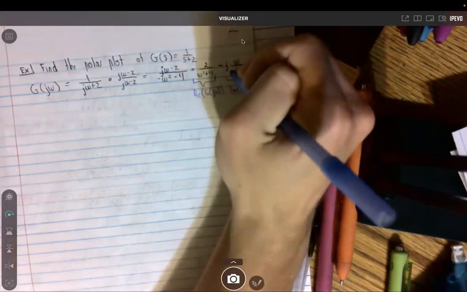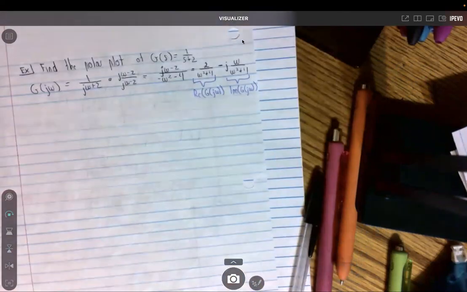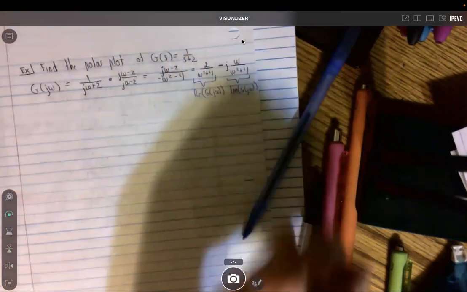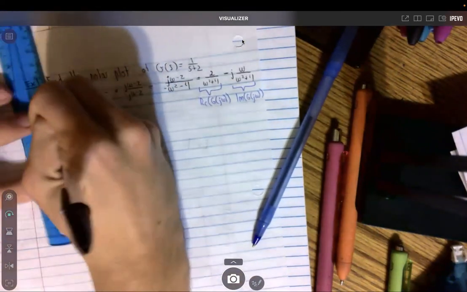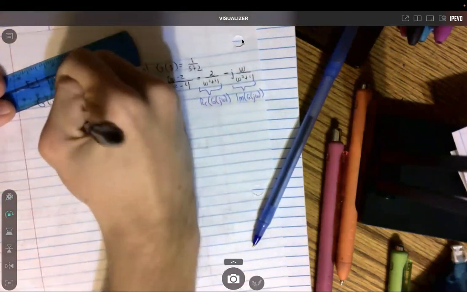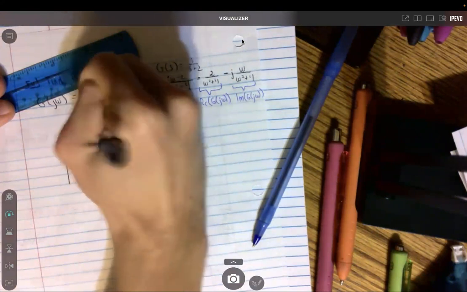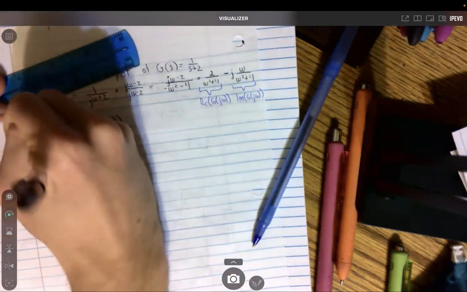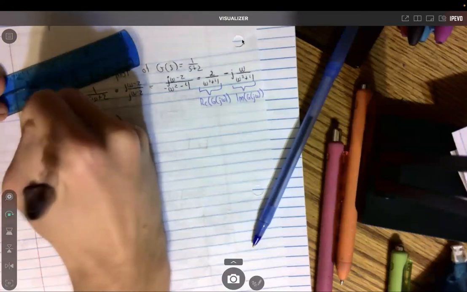So then you would plug in values of omega in order to do your polar plot. So when you would plot it, you would plug in values for your omega, and you would plot on the x-axis the real part of G j omega, and then you would plot on the y-axis your imaginary part of G j omega.